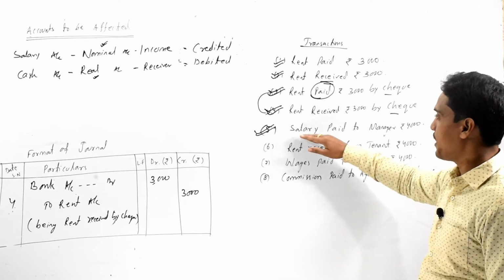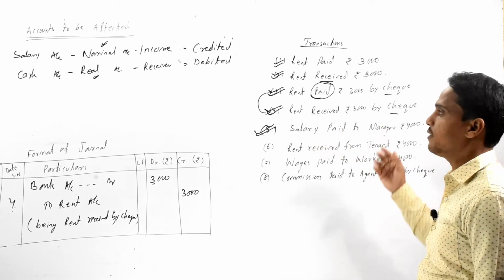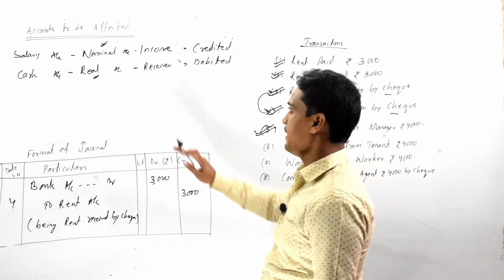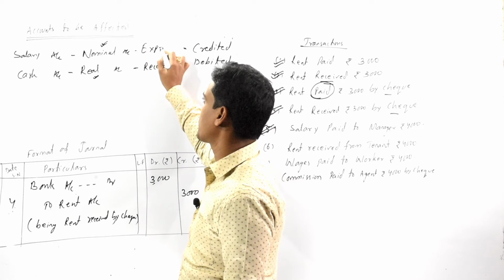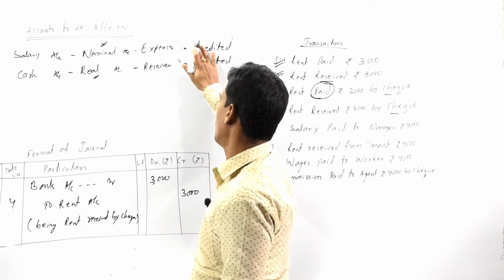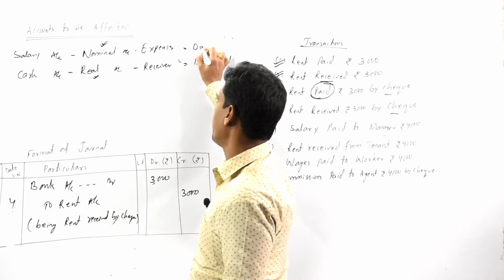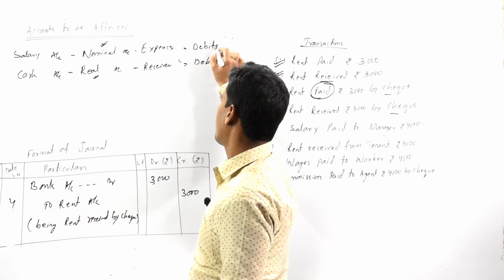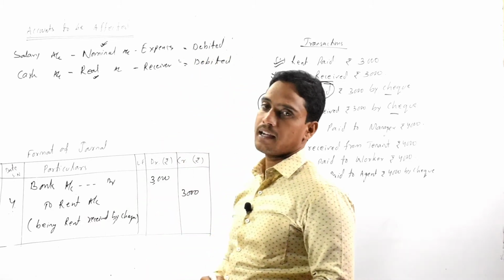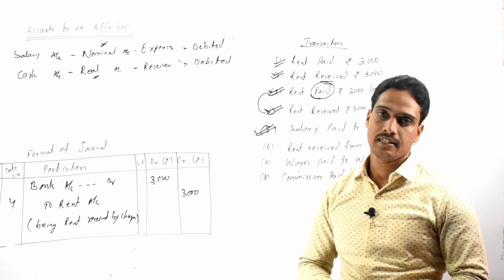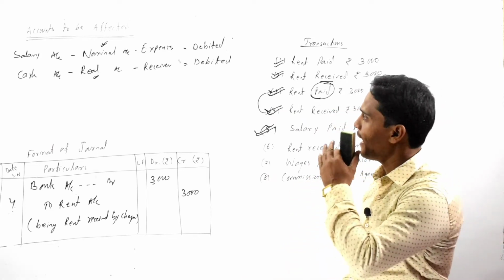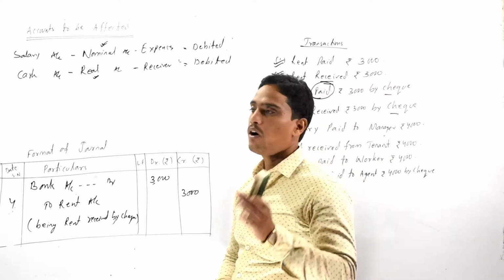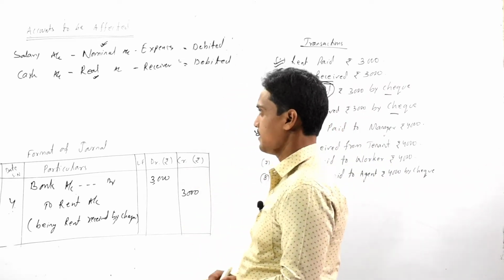As we are paying the salary to manager, it is considered as an expense. So it should be debited as per the nominal account rules, that is debit all expenses and losses and credit all incomes and gains.